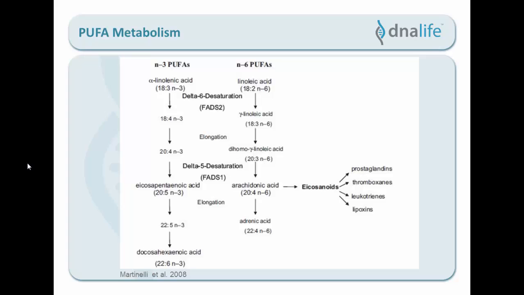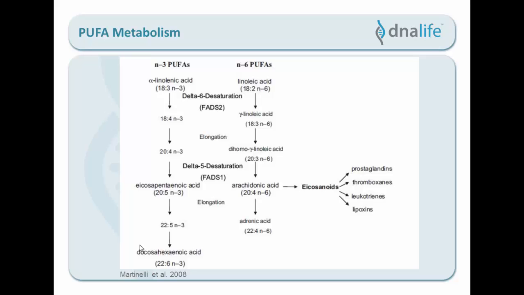And they catalyze the conversion of your linoleic acid eventually into arachidonic acid, as well as your linolenic acid into your eicosapentaenoic acid, or your EPA, and your docosahexaenoic acid, your DHA.